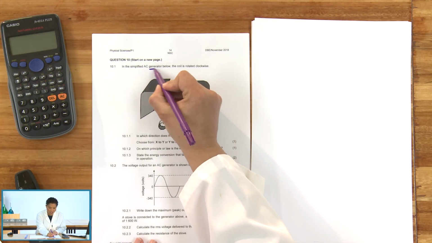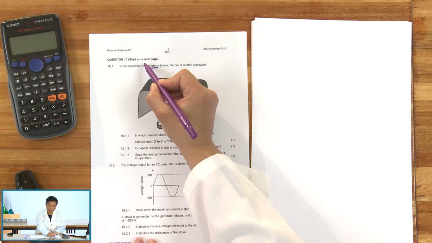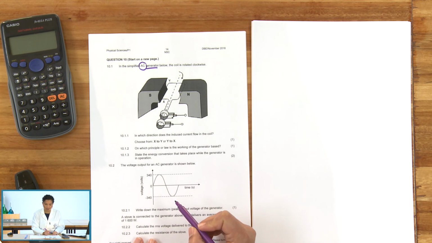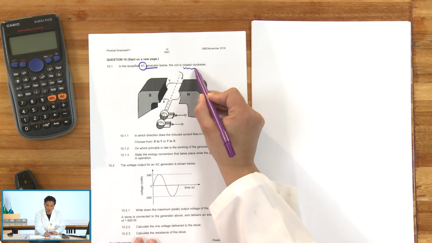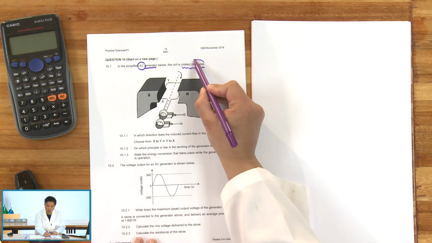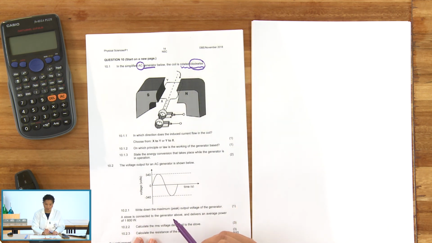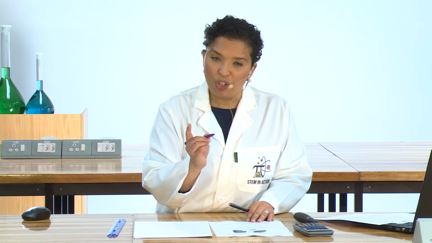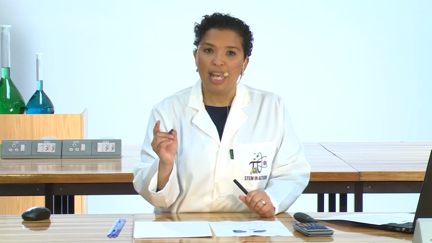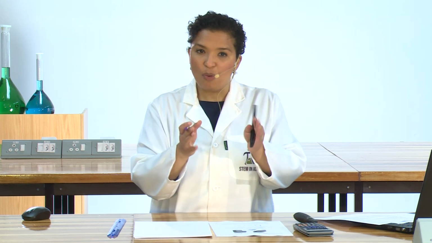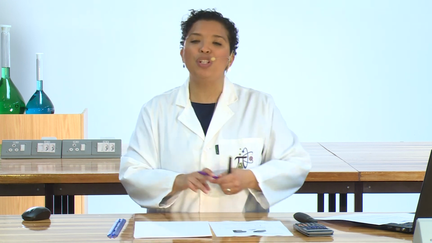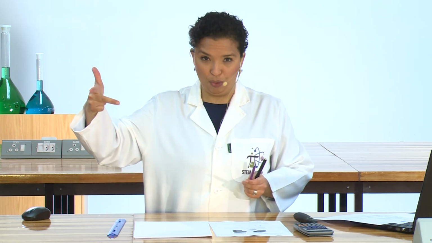We are busy with generators, and more specifically AC generators. And we know that the coil is rotated in a clockwise direction. And we need to determine the direction of the induced current. We're going to use Fleming's right-hand rule to determine it.